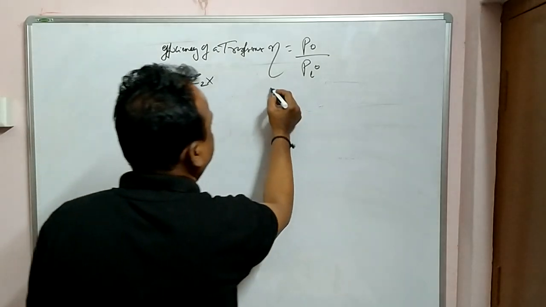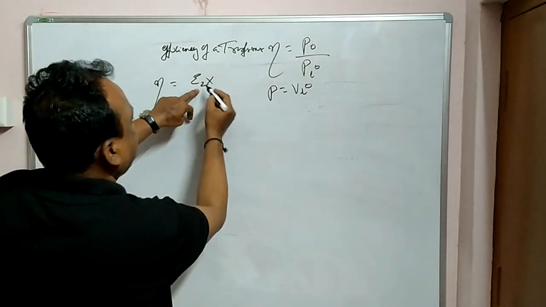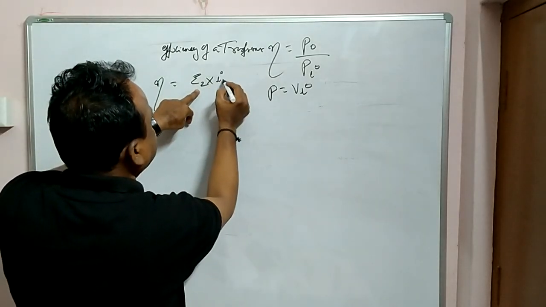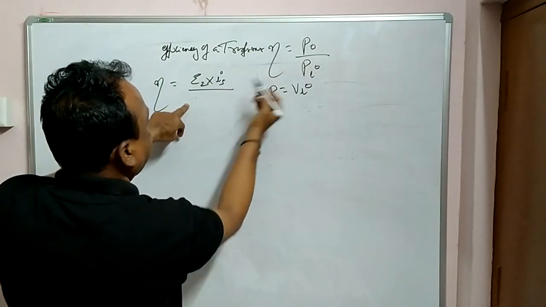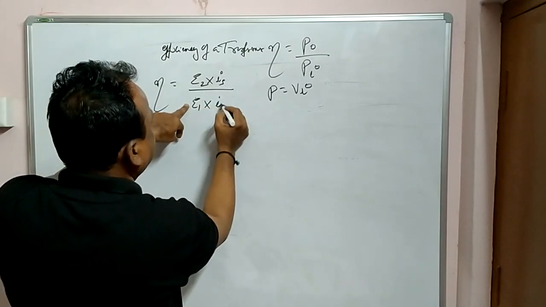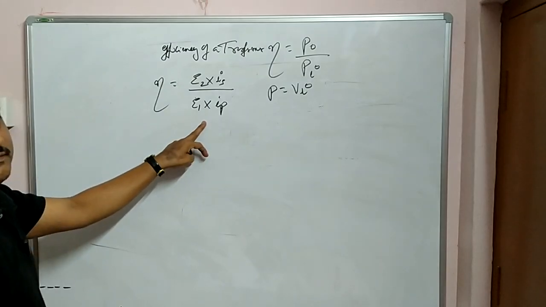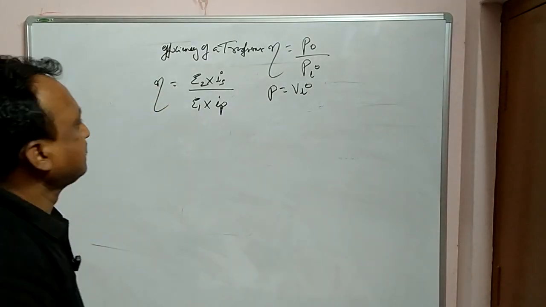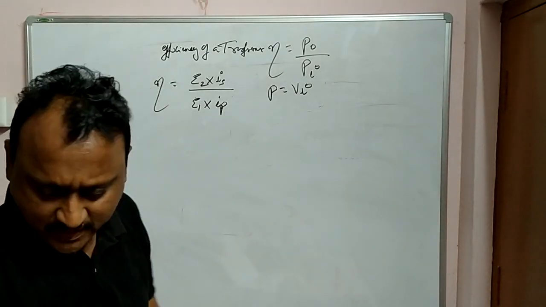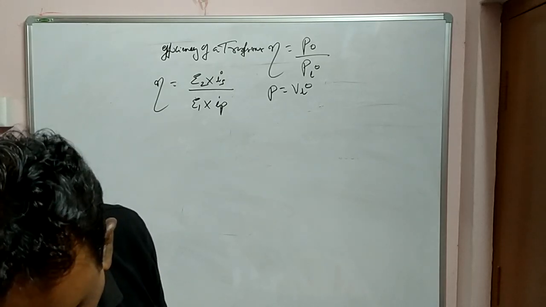Power is equal to VI, so V2 I2, that is secondary current, by power input V1, that is E1 into current in the primary. So power output by power input is called efficiency.